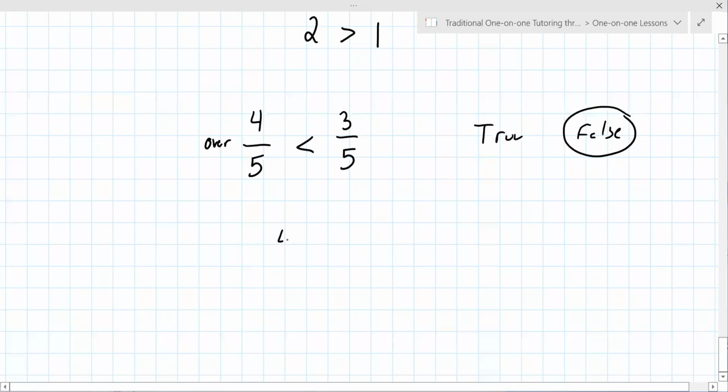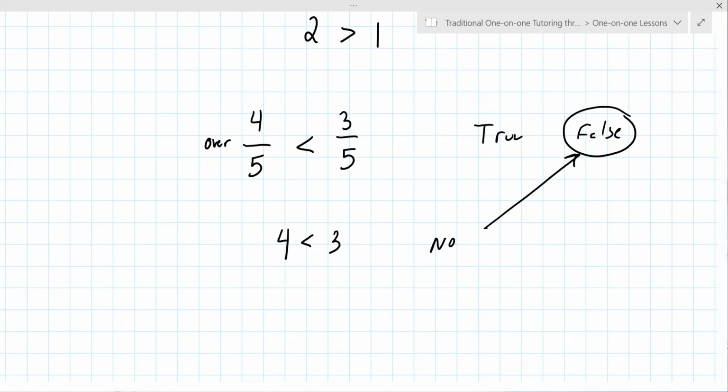Since the bottoms are the same, you can really just look at the top. Is 4 less than 3? No. Do you remember us doing this from last time? No. Okay. Well, we did a bunch of problems like this. I've got the notes here in front of me. We absolutely did a number of problems like this last time.